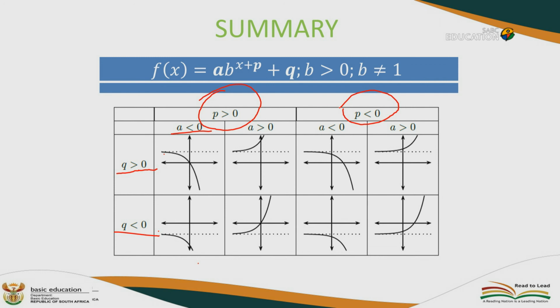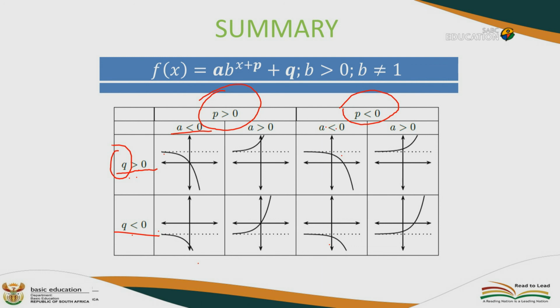We still look at A less than 0, A greater than 0. And our Qs are here. Q greater than 0, Q less than 0. Q positive, it has shifted upward, depending on the units of Q. Q negative, it has shifted downwards.